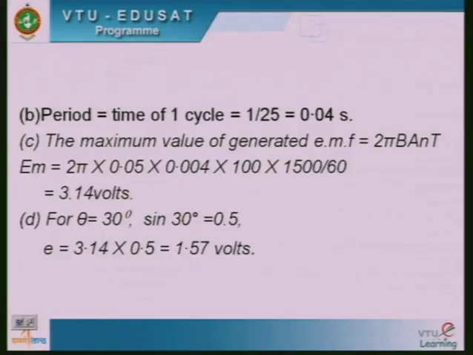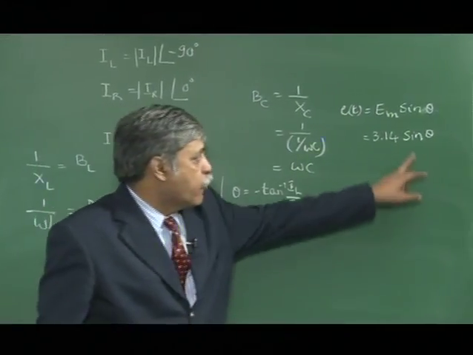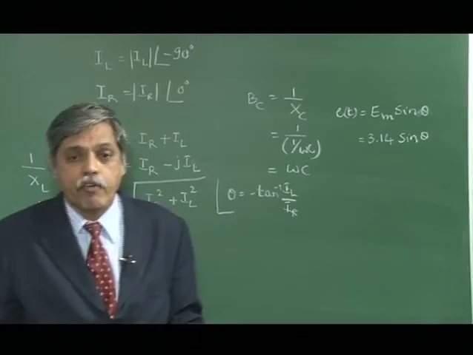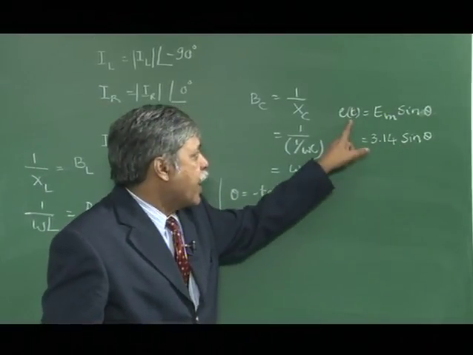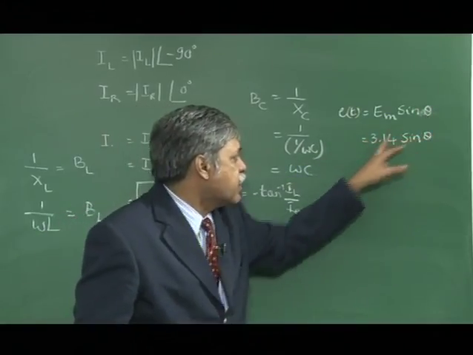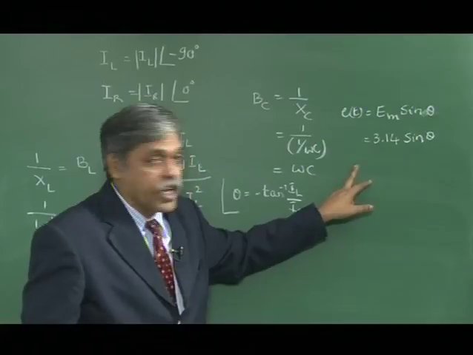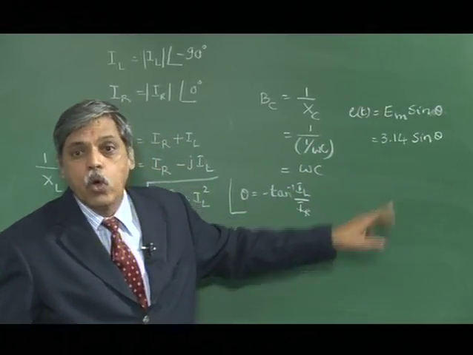Now in the problem it is given that theta is equal to 30 degrees, therefore sin 30 will be 0.5. When I multiply 3.14 by 0.5, at a time t when the angle is 30 degrees, the instantaneous value of the voltage will come down to be half of this, that is 1.57 volts.